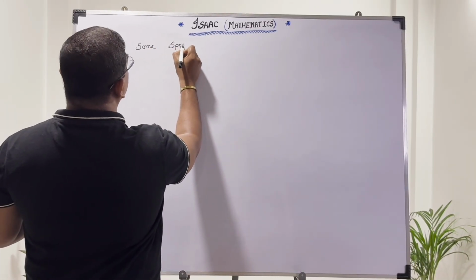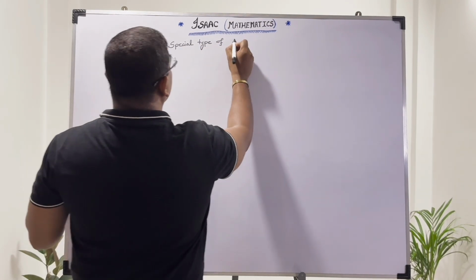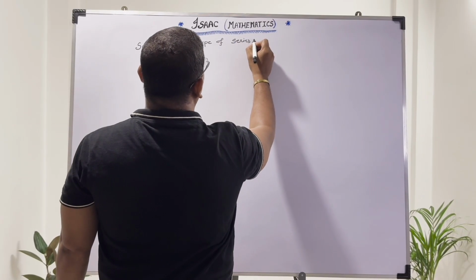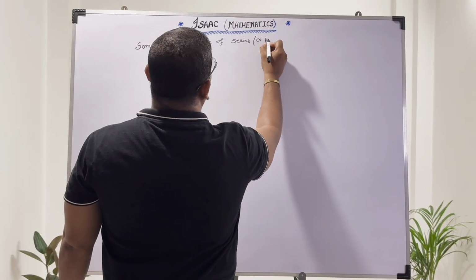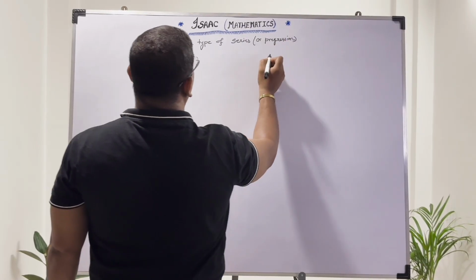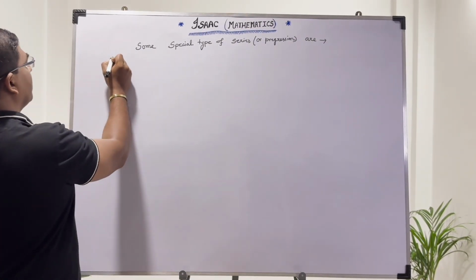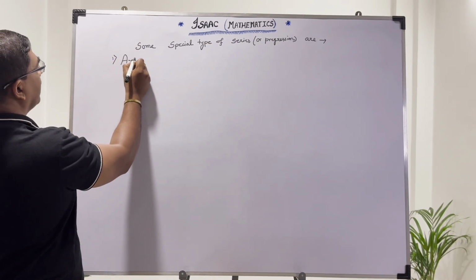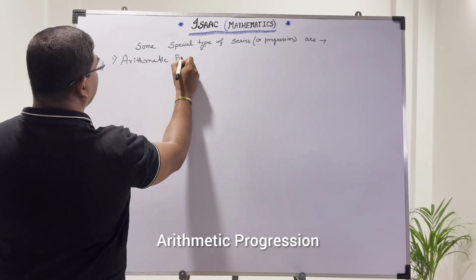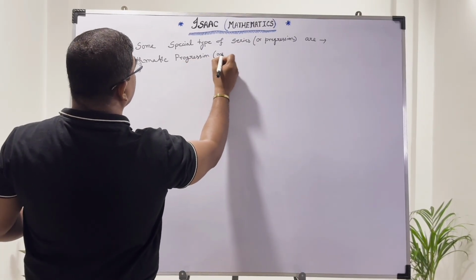Special type of series or progression are: number 1, arithmetic progression or AP.